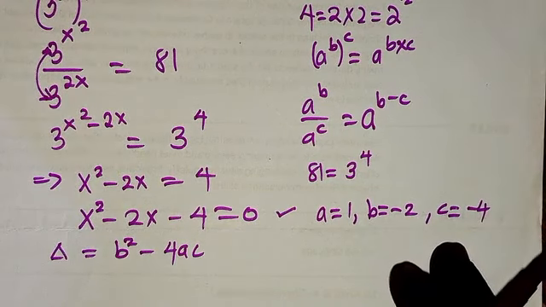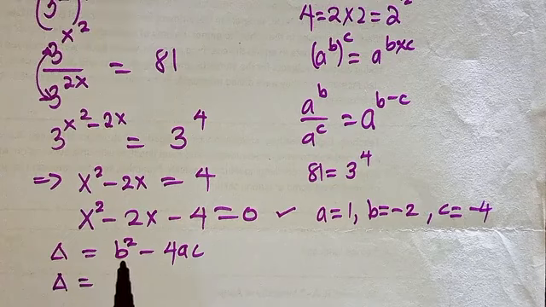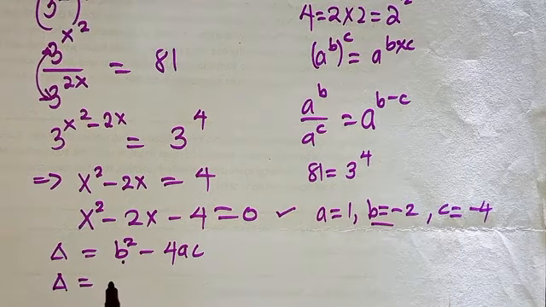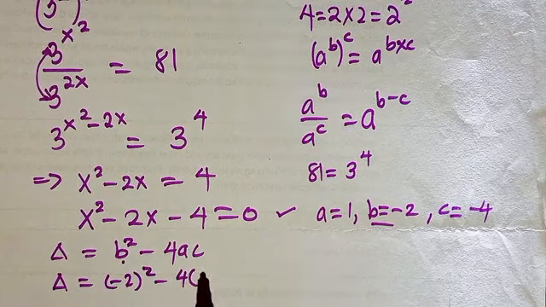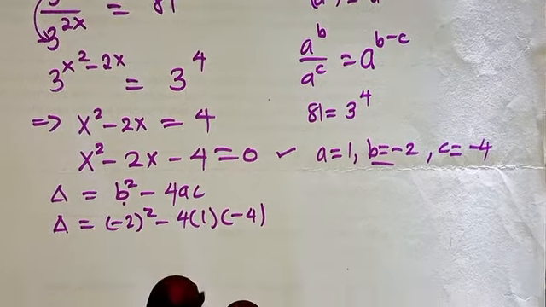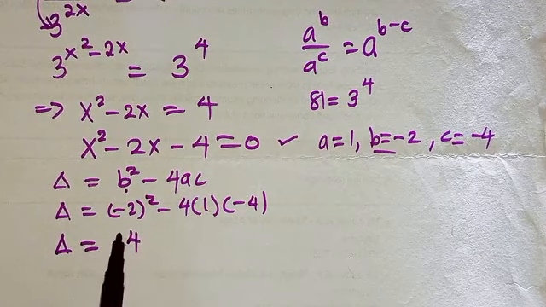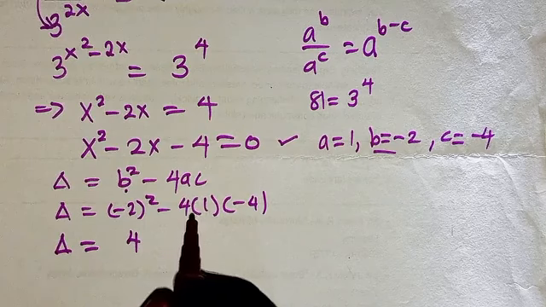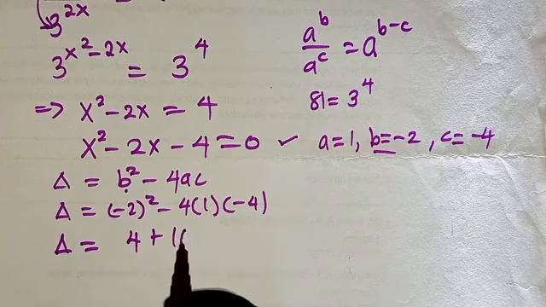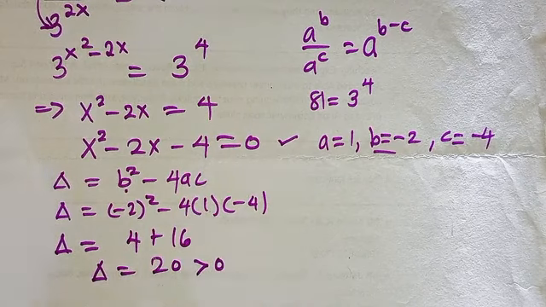We use this to find the discriminant: minus 2 all squared minus 4 times 1 times minus 4. That is 4 plus 16, so we have a discriminant of 20, which is greater than 0.